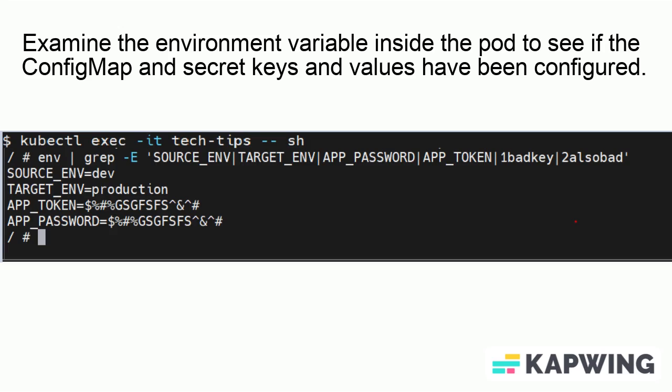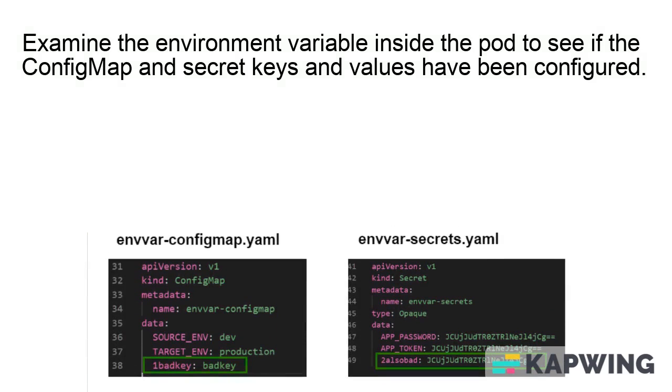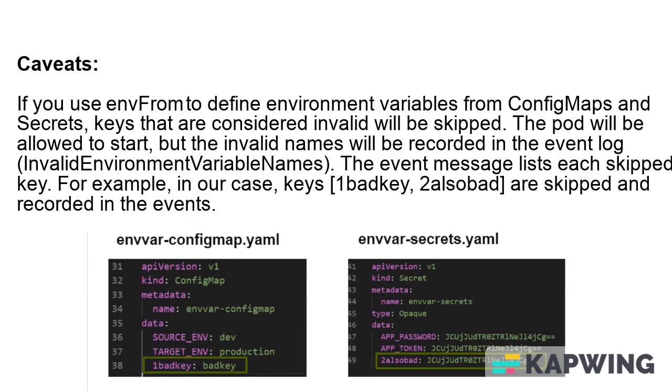The other two are ignored. Why are they ignored? Because those are invalid keys. This is what we already discussed, as highlighted in this screenshot. One bad key and two also bad are not listed in our filter of environment variables.